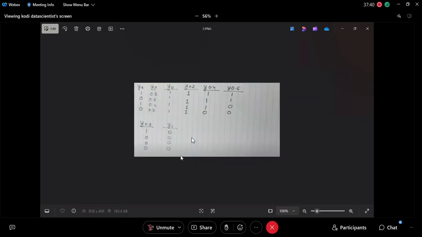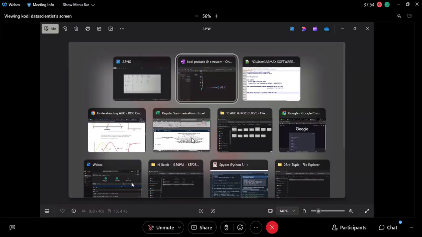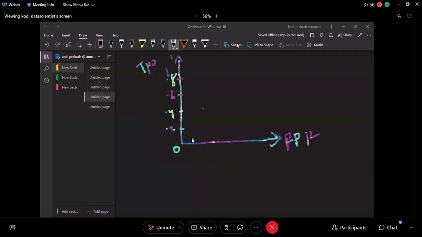Can I compute TPR and FPR at 0.2? See guys, at 0, what is the TPR value? What is the FPR value? 1 comma 1, or not? So if I go back to my graph, where do I plot 1 comma 1? TPR is 1, FPR is 1.